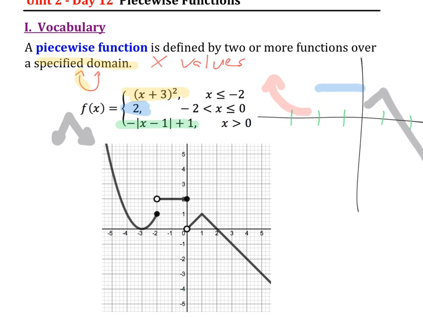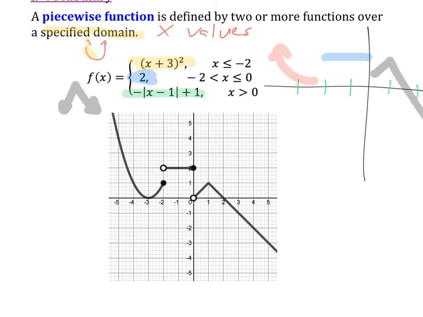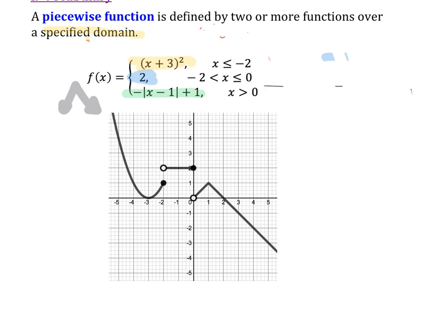All right, so you'll notice that each one of these functions makes an appearance on our graph for certain ranges. So all of these x values, that's going to be where our functions change from one rule to the other. Okay, so the first one we have that parabola.